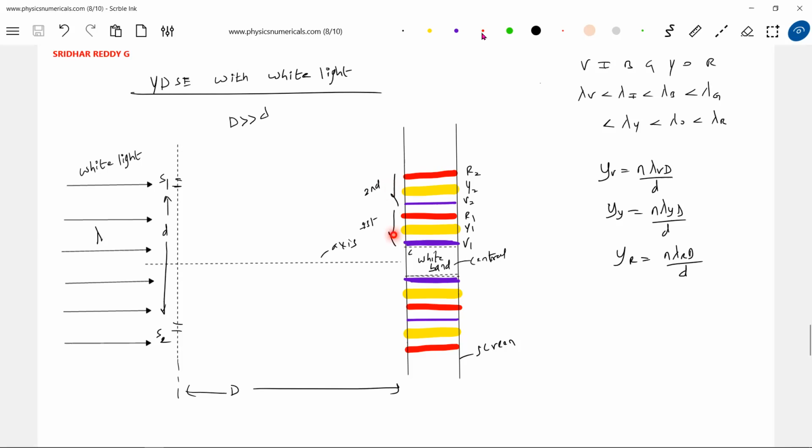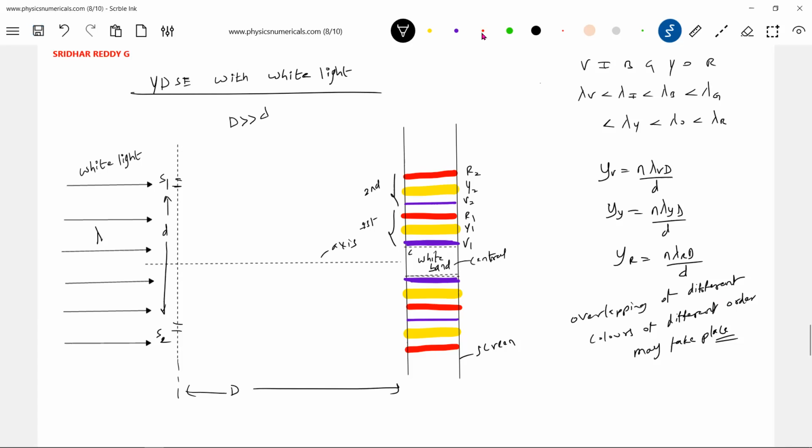I'm just giving a qualitative discussion about the order of interference. Overlapping of colors of different orders may take place.